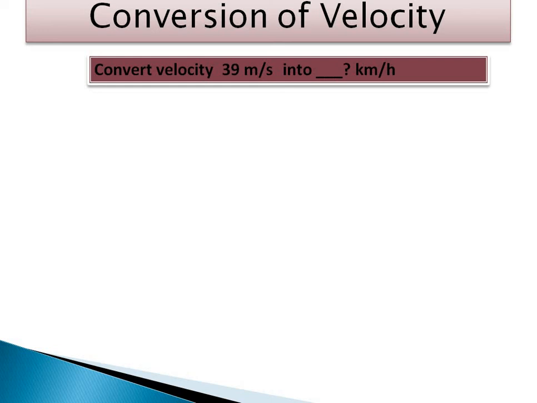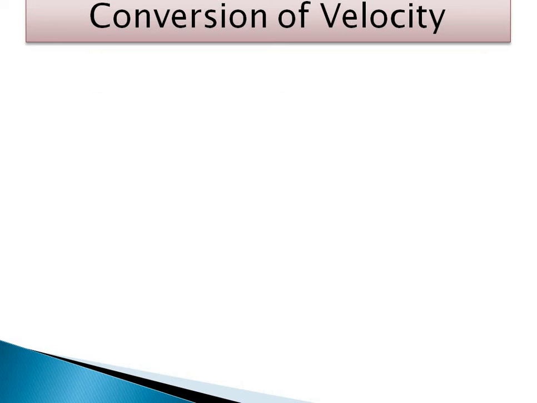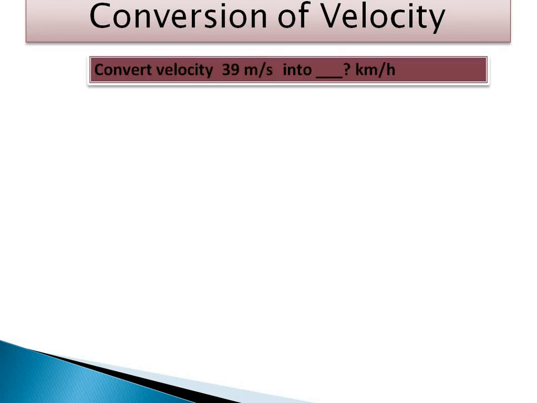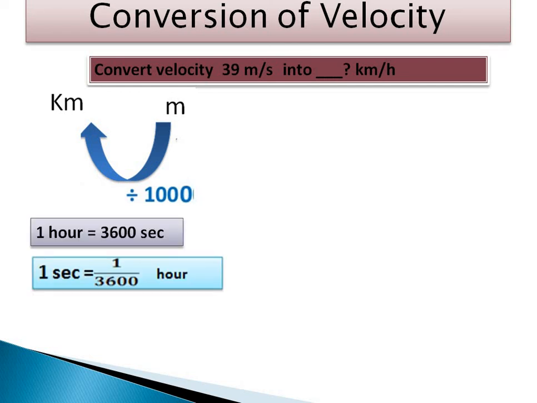Similarly, velocity of 39 meter per second, we wanted to convert into kilometer per hour. So we know that meter requires to be converted into kilometer, then it requires dividing by 1000. And second wanted to be converted into hour, then it again requires dividing by 3600.